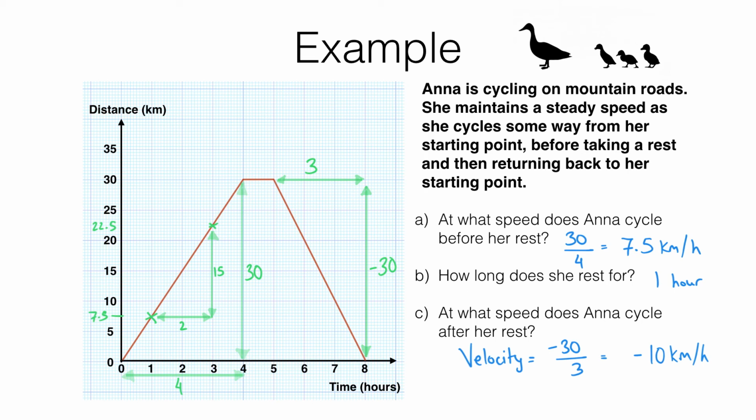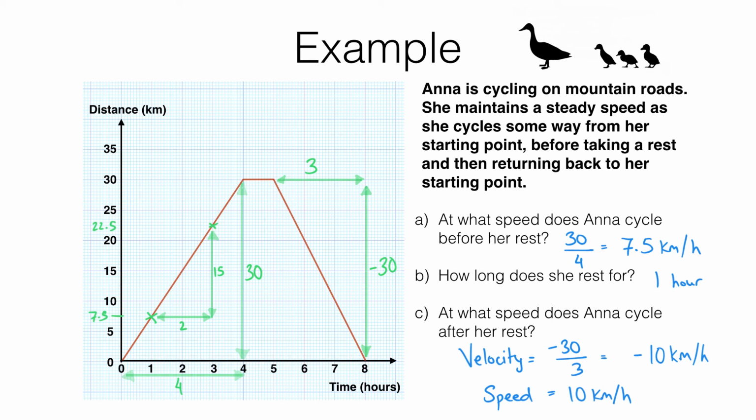However, the question hasn't asked us for the velocity, it's just asked us for the speed. So we don't really care which direction Anna is traveling in, so we can just write the speed as 10 kilometers per hour. We can simply ignore any positive or negative signs in our velocities.